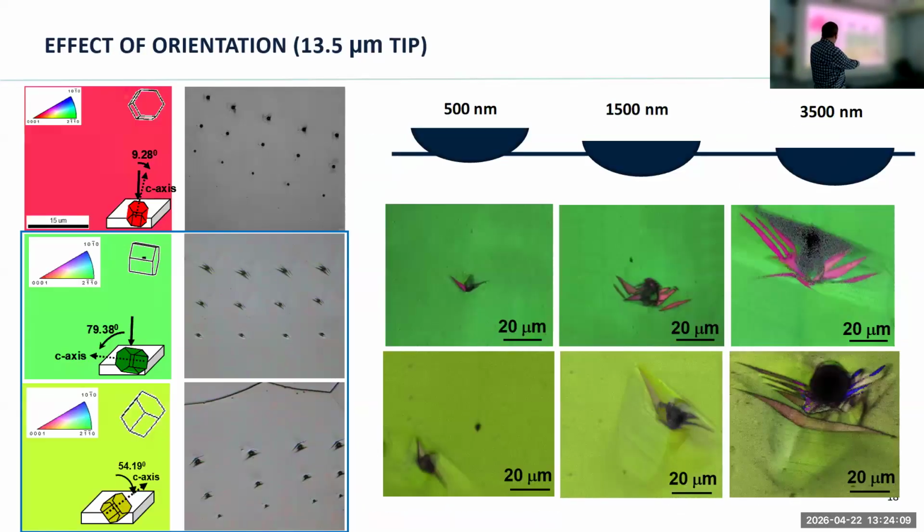And sorry, the bottom one is for this case where you're at the crystal at something like 45 or 50 degrees to the indentation axis. And again, now you get asymmetric deformation, right? Because you can imagine as your indenter's coming in, it just sort of pushes down the side of the crystal.